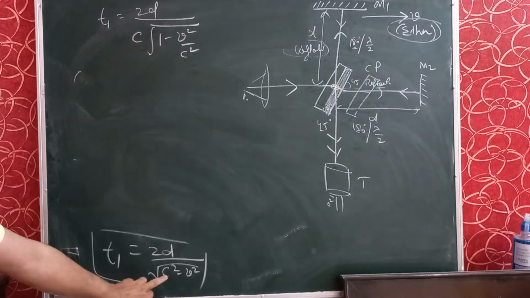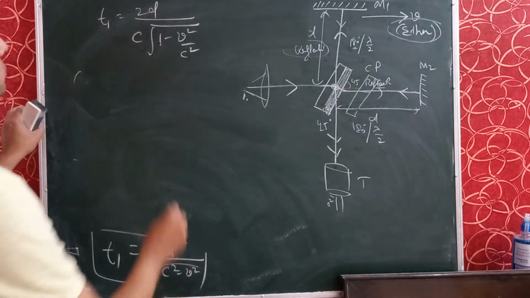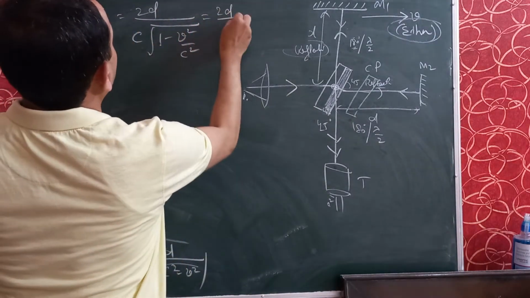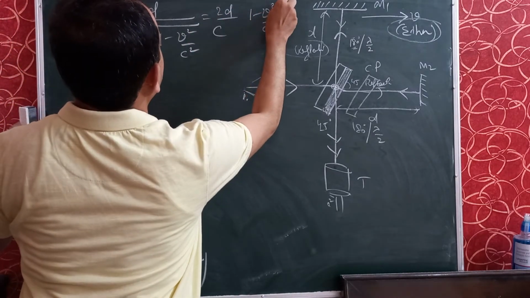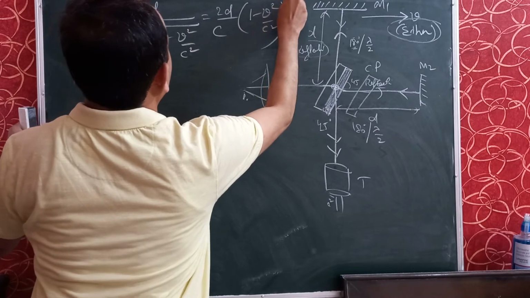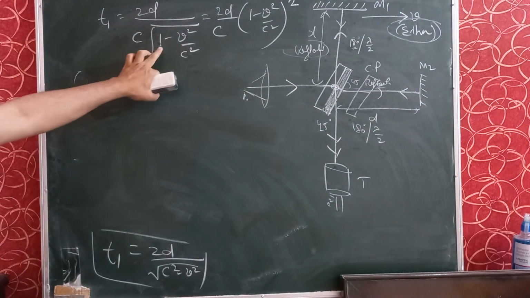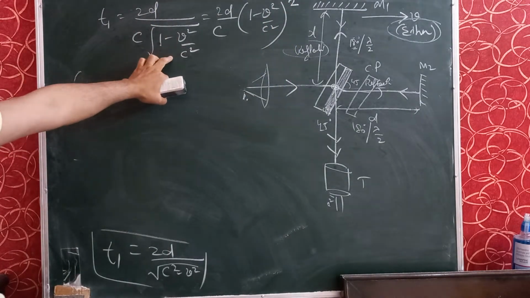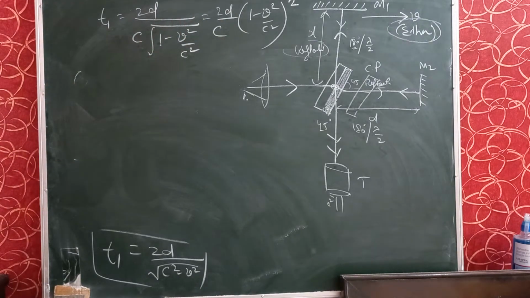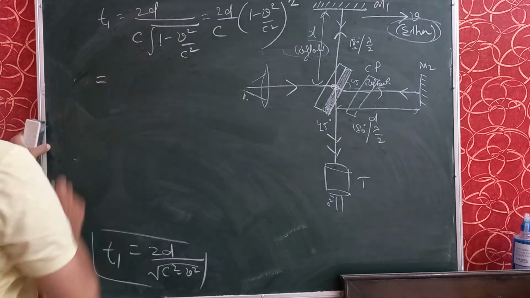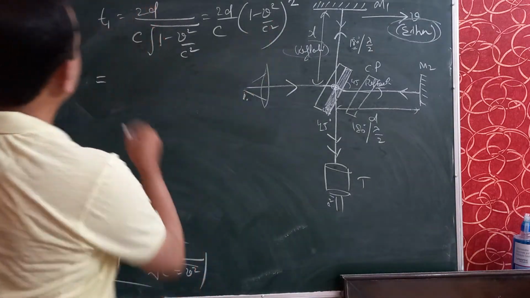So I have taken c square as common, and it is written as 2d by c into 1 minus v square upon c square raised to power minus 1 by 2, because it is a square root, that is power 1 by 2. And we will apply the binomial theorem here.